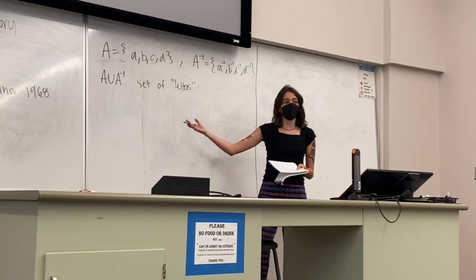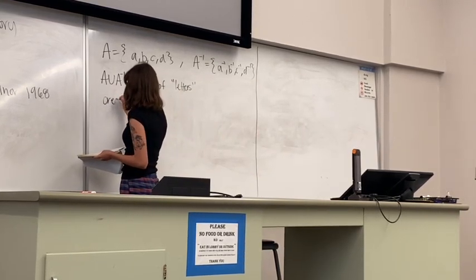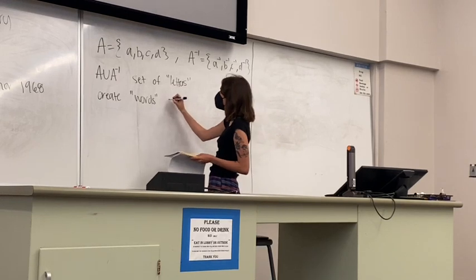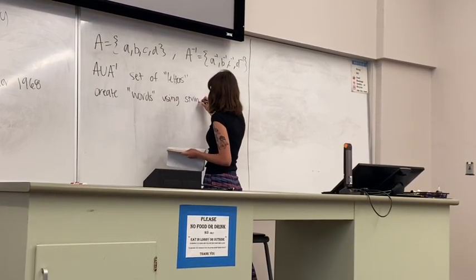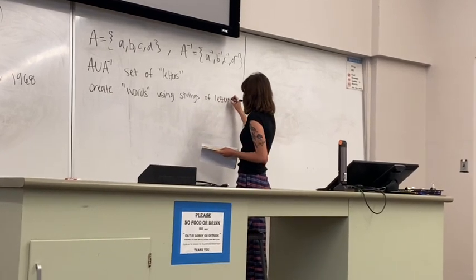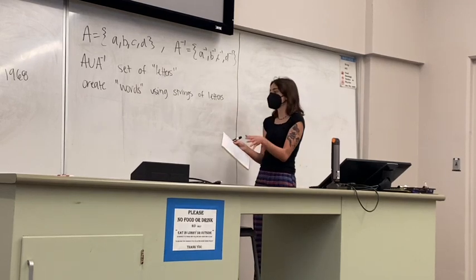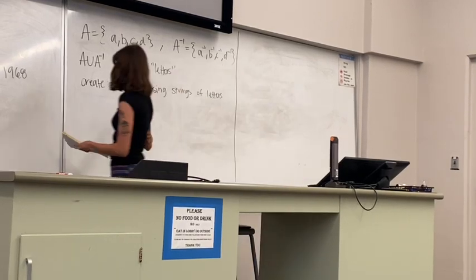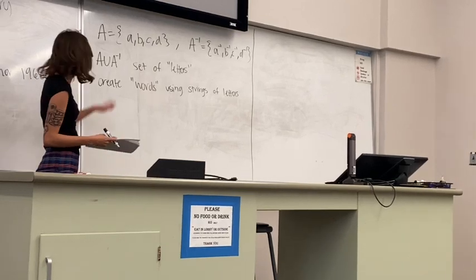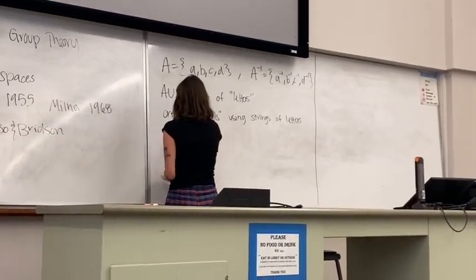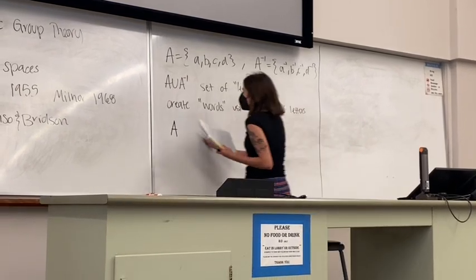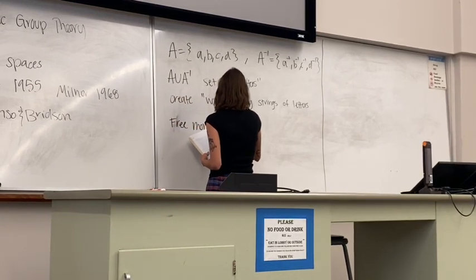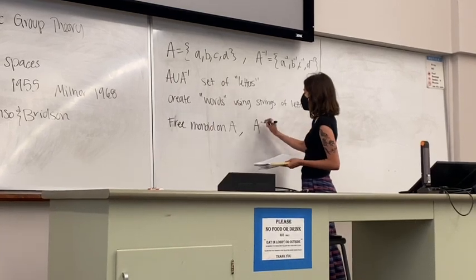Using this set of letters, we create words by stringing together letters, juxtaposing letters from A union A inverse. Then we can think about the set of all words that come from letters in A union A inverse, and we call this set the free monoid on A, given the notation A star.